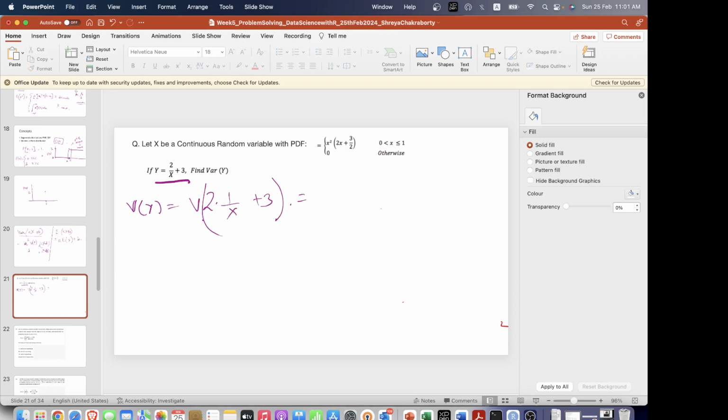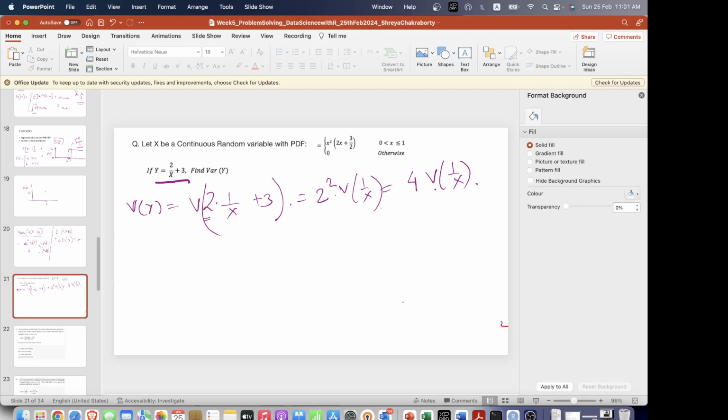Since 2 is a scalar quantity, it is similar to variance of ax plus b. So this you can write as 2 square into variance of 1 by x, which would be 4 into variance of 1 by x. Is this part clear?